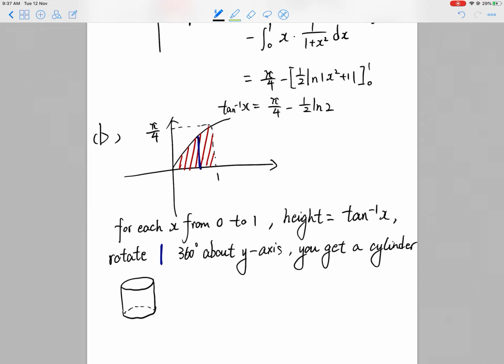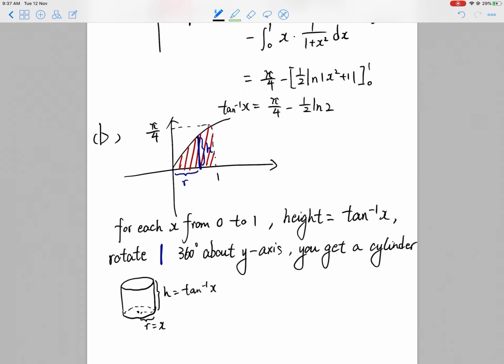So what is the height of the cylinder? The height of the cylinder is just tangent inverse x, right? What is the radius of the cylinder? This is the radius of the cylinder. This is the height of the cylinder. Okay, so this part is the radius of the cylinder. Right, radius is just x.